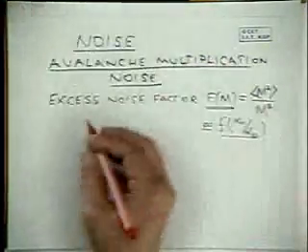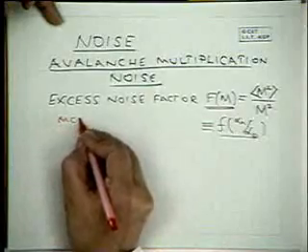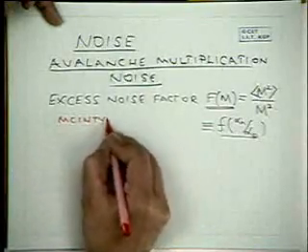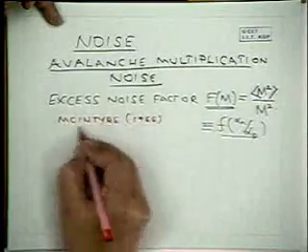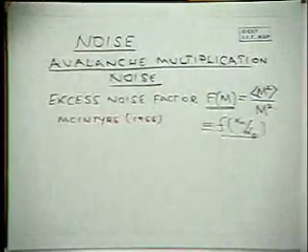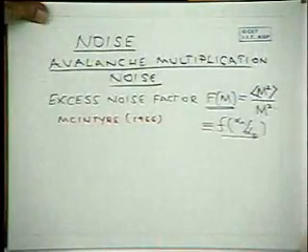The excess noise factor was derived by McIntyre in 1966. This is a seminal paper on noise in APDs, and it still stands.